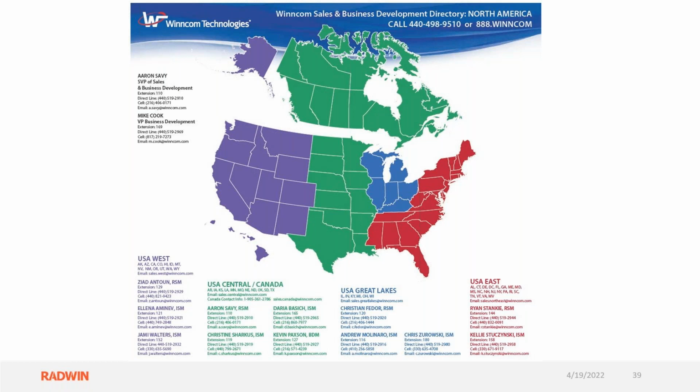That's anyone who has not purchased RADWIN in the last 18 months. There's a voucher, or I'll call it a coupon, based on volume. So it's tiered a bit: the larger the order, the bigger the discount.